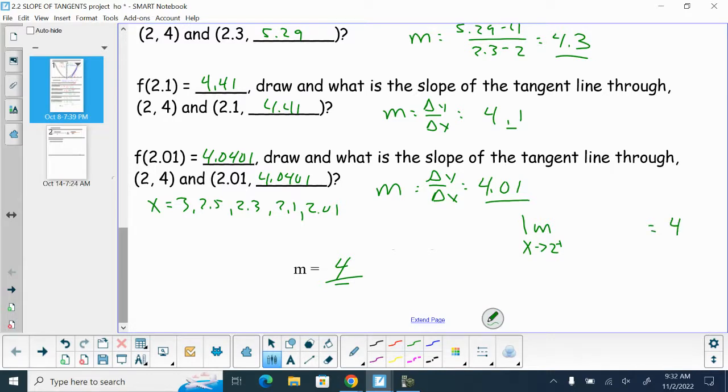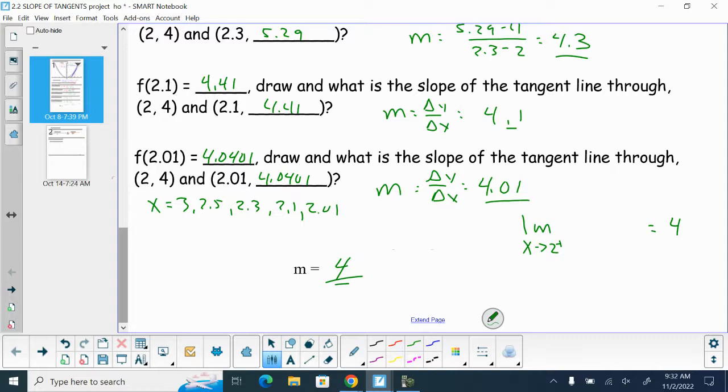Now the question is, what are we taking the limit of? What we've taken a limit of up till now is the limit of functions. But we're really not taking a limit of just one function anymore like we've done. We're not talking about x squared plus 2x plus 3 or x minus 3 over x plus 4.